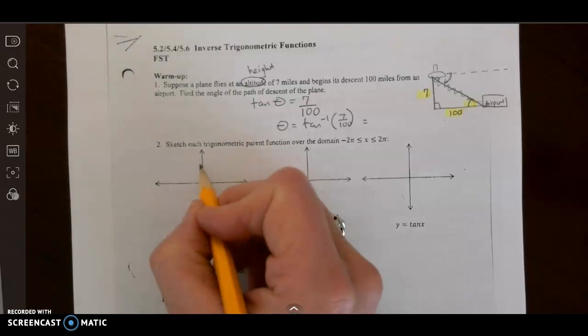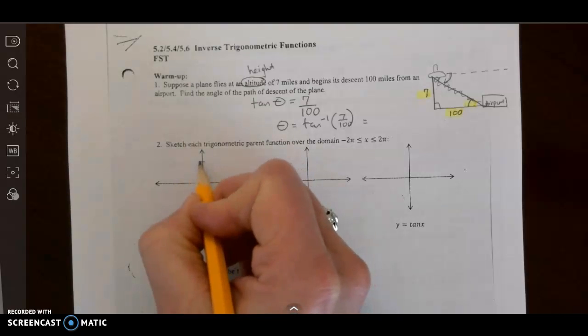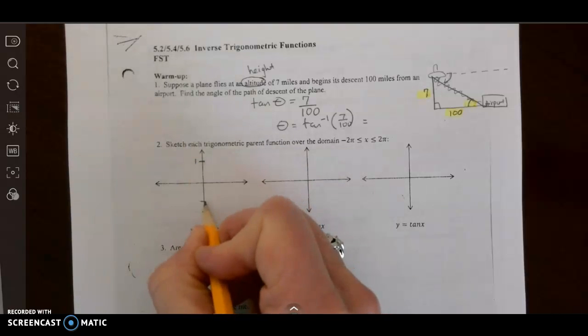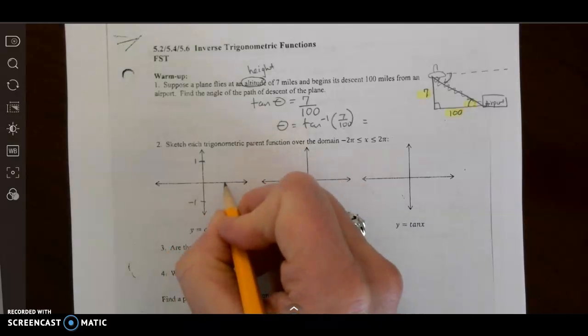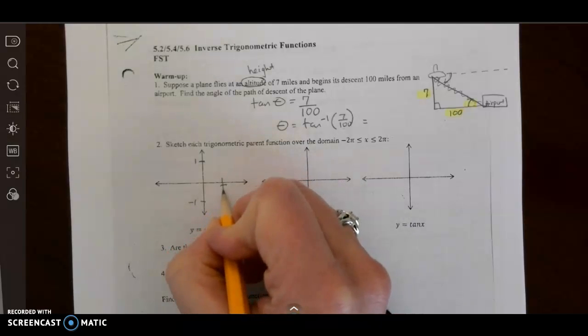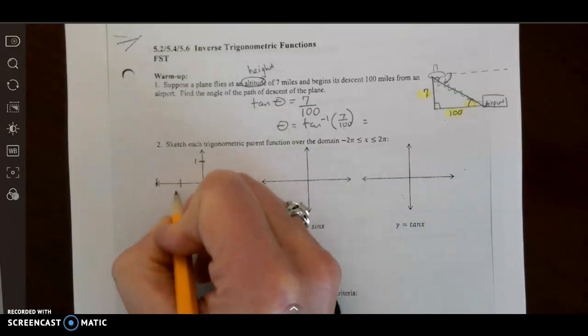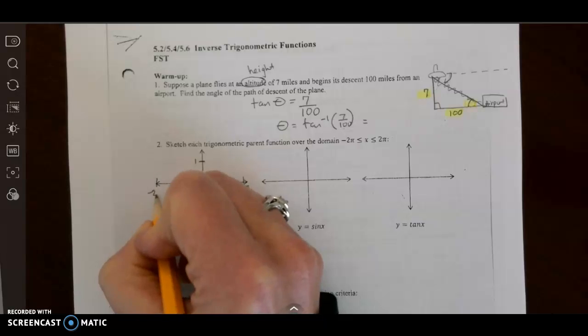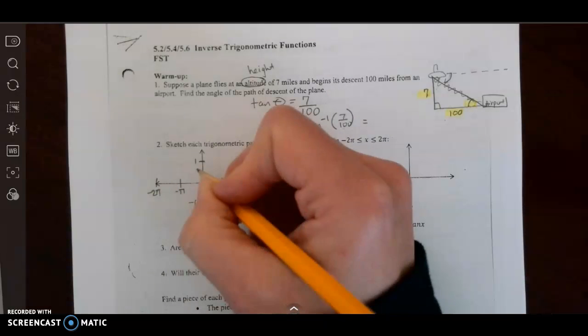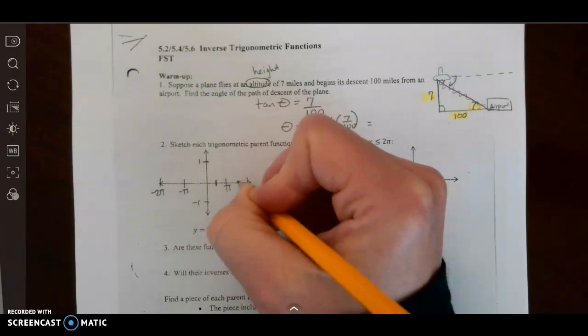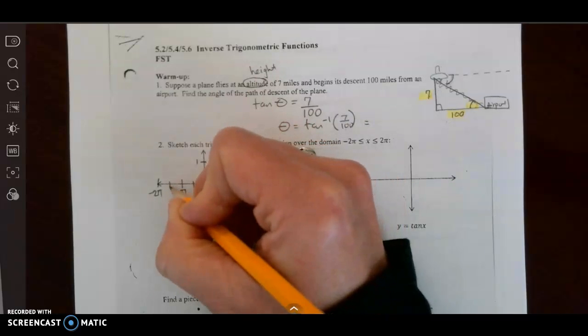So these are just our basic ones. This is giving us a chance to practice them again. Remember, we always say pi and 2 pi. Put that in half. And cosine. Put the little half marks in. I'm not going to write all of those in.